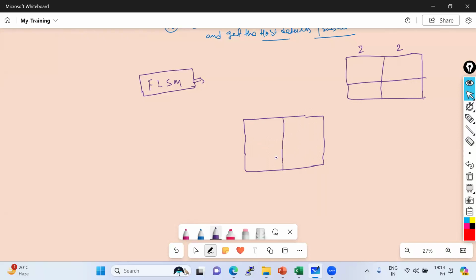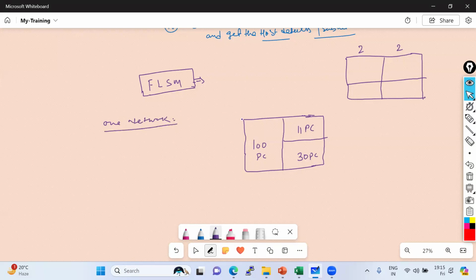One office needs 100 PCs, one office needs just 20 PCs, or let me put 70 and 30, and 11 PCs. So this is one network, right? The big house is one network, the boundary is one network.